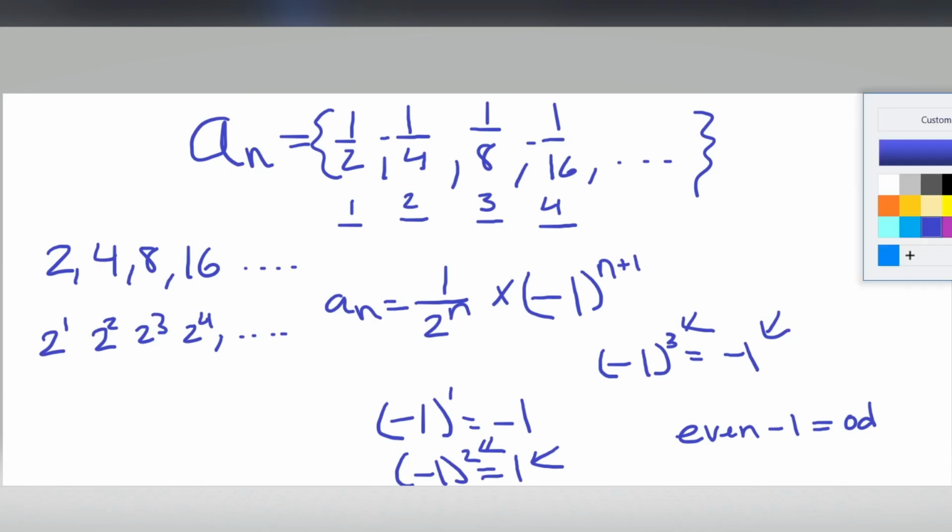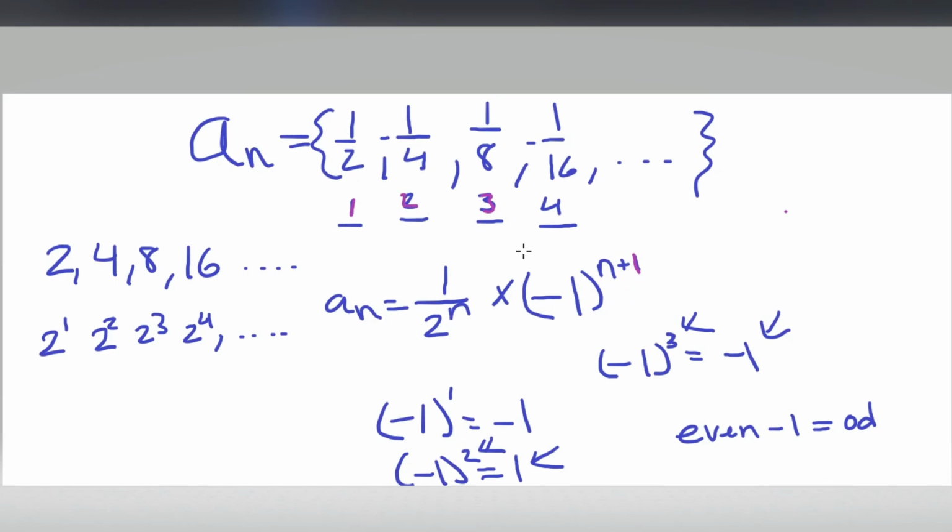If we plug in 1 into here, then n plus 1, 1 plus 1 will give us 2, so it'll be positive. Whenever we plug in an even number into n plus 1, that'll get us an odd number. Whenever we plug in an odd number, it'll get us an even number. 3 plus 1 will give us 4, while 2 plus 1 will give us 3.